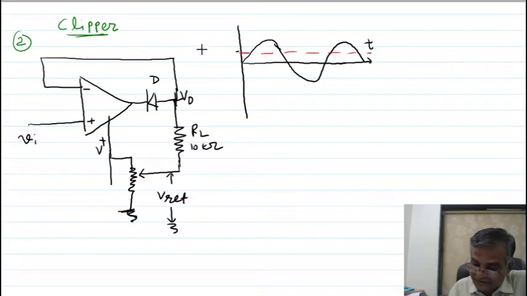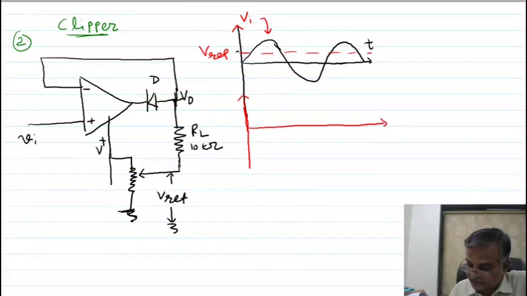You can see here V reference is positive. This is your VI. Now I want to check what my output voltage is. So whenever the input crosses here, I make the output like this.